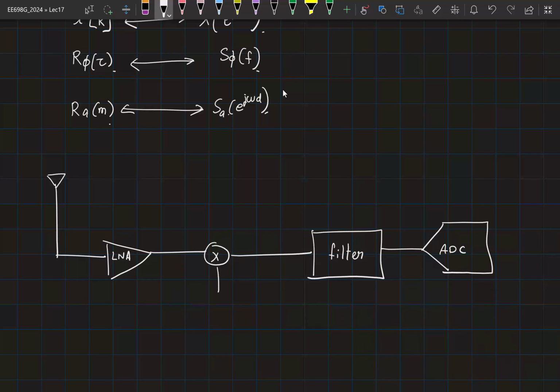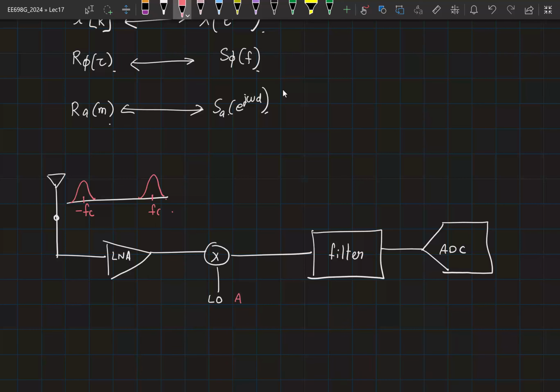Ideally, you would expect the signal being captured to have content around some carrier frequency. So you have some signal that is of interest to you, and then you provide the same carrier frequency through a local oscillator here.